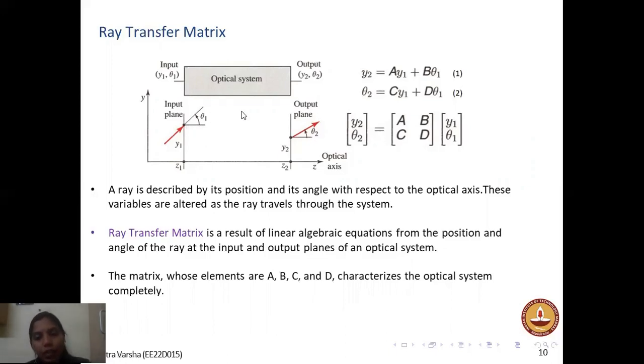It steers the ray so that it has a new position and direction y2 and theta2 at the output plane. The ray transfer matrix is the result of linear algebraic equations relating the position and angle of the ray at the input and output planes. From this ray transfer matrix, we can understand how the light ray undergoes changes in an optical system.